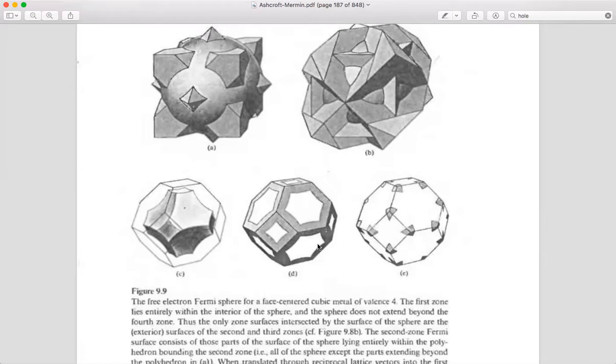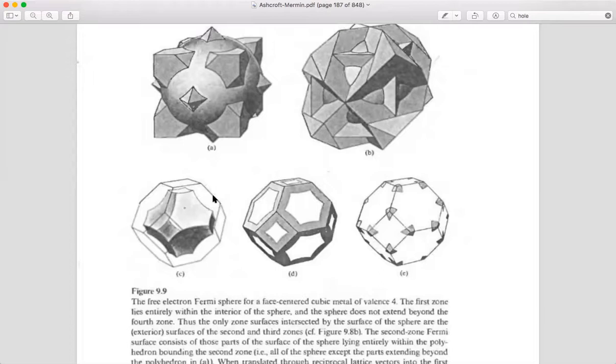Now, one important and interesting point here, and this has very important consequences for electrodynamics in crystals, is that this surface here, panel C, encloses states that have higher energy compared to the states outside it. So this surface encloses states that are unoccupied, whereas states outside it are occupied.